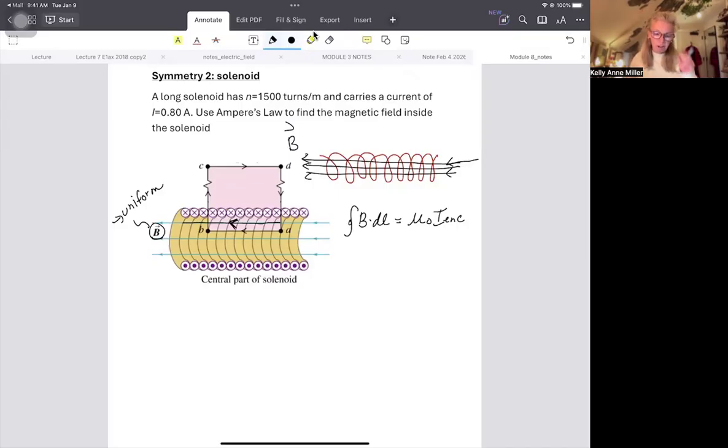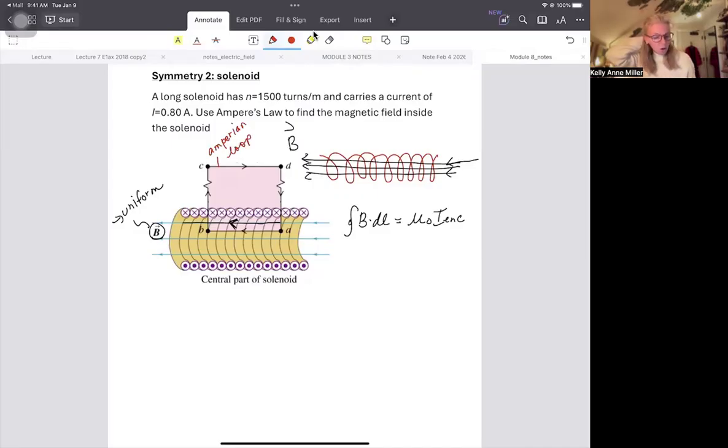It's a uniform field, so it makes sense to draw my Amperian loop just like a rectangle. Okay, so this is my Amperian loop.